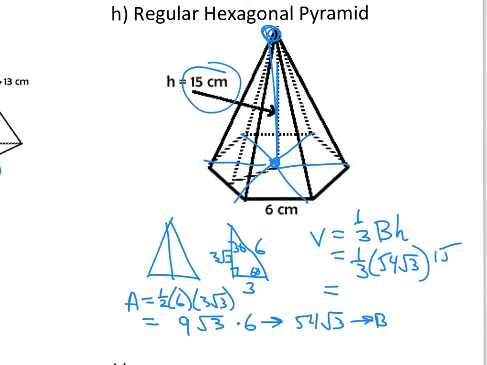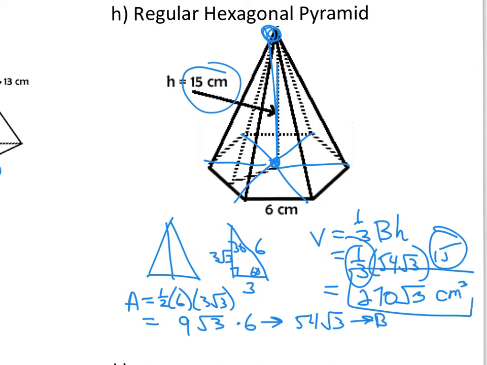So multiplying that together, we'll have 1/3 of 15, which is 5, and 5 times 54, which is 270 radical 3 cubic centimeters. For that answer, 270 radical 3 cubic centimeters, which is approximately 467.7.